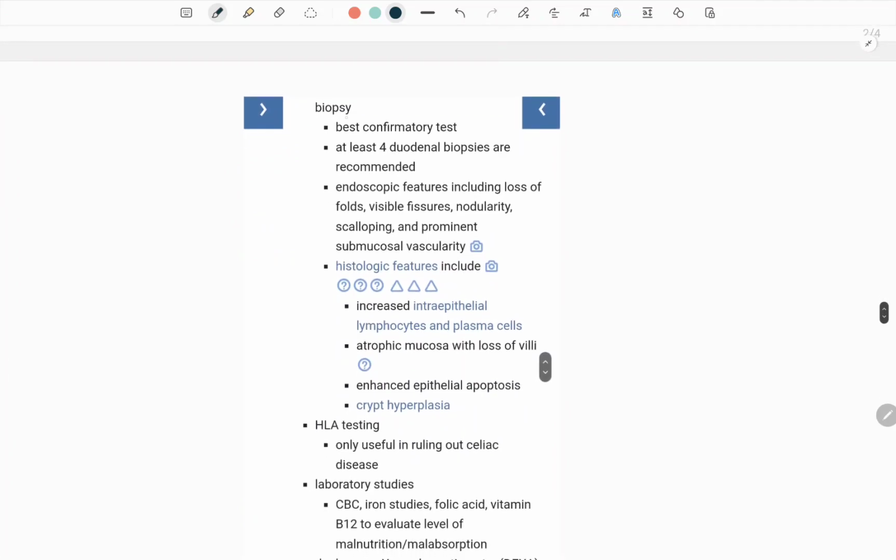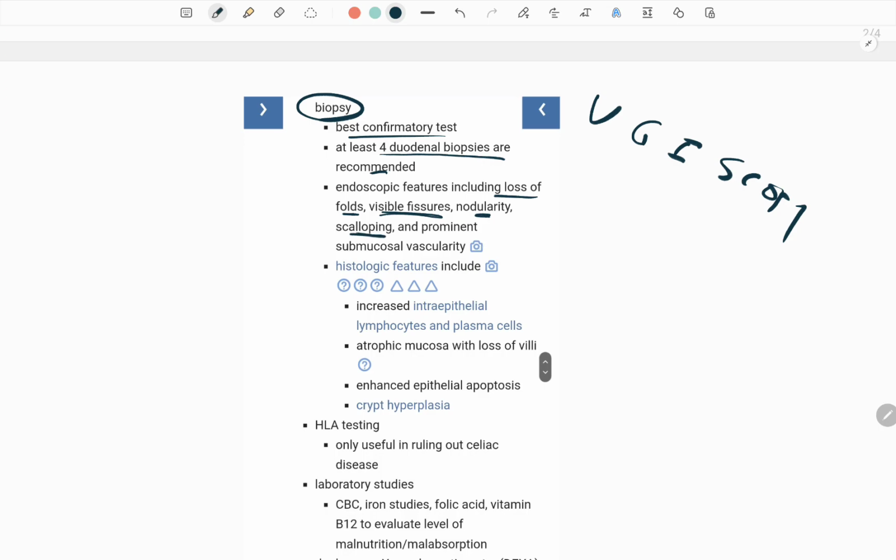Let's talk about the biopsy, which can be done by upper GI scopy, and it is the best confirmatory test. At least 4 duodenal biopsies are recommended. Endoscopic features include loss of folds, visible fissures, nodularity, scalloping, and prominent submucosal vascularity.